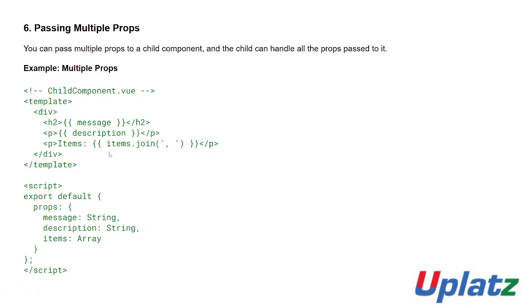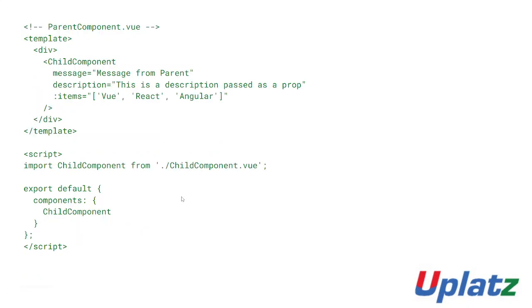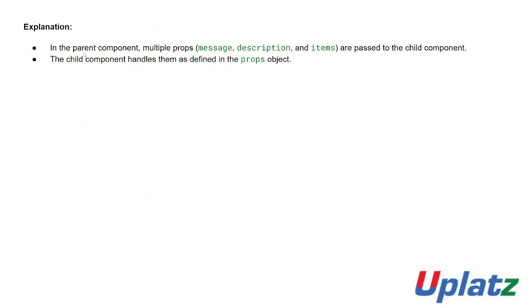So it joins the string items, the array items, and shows it here. Explanation: in the parent component, multiple props, message, description, and items are passed to the child component. The child component handles them as defined in the props object.